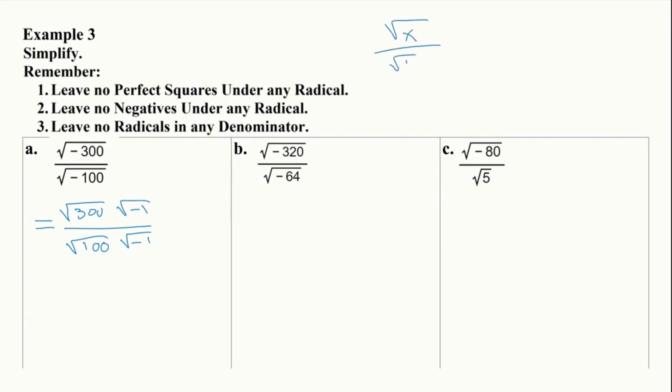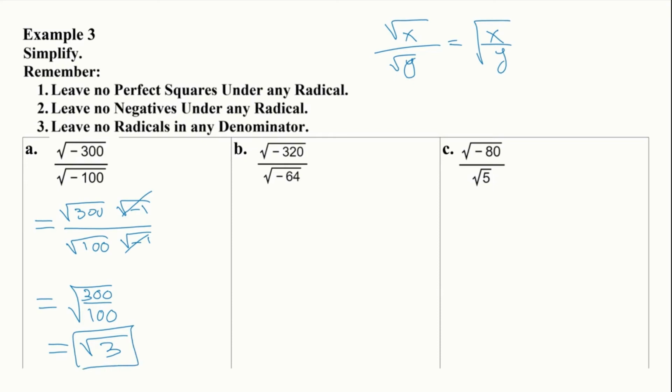Square root of x over square root of y is the square root of x over y. So we get square root of 300 over 100. Now, when it comes to division, notice these do in fact cancel out. You can always cancel anything with itself, right? So these will cancel out just like regular real numbers do. And you're just going to end up with what? Square root of 3. Okay?